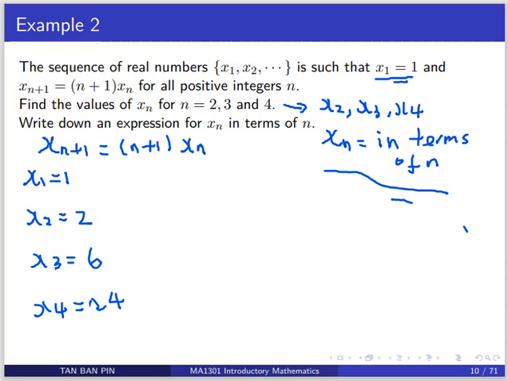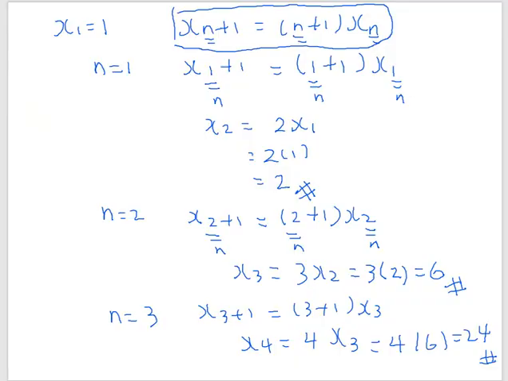Remember just now, this 6 actually came from 3 times 2, because x2 is 2. And x4 is 4 times x3, 4 times 6.